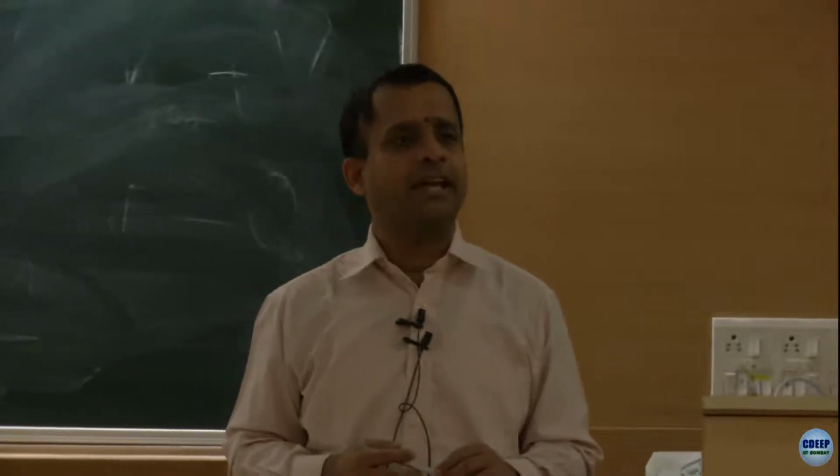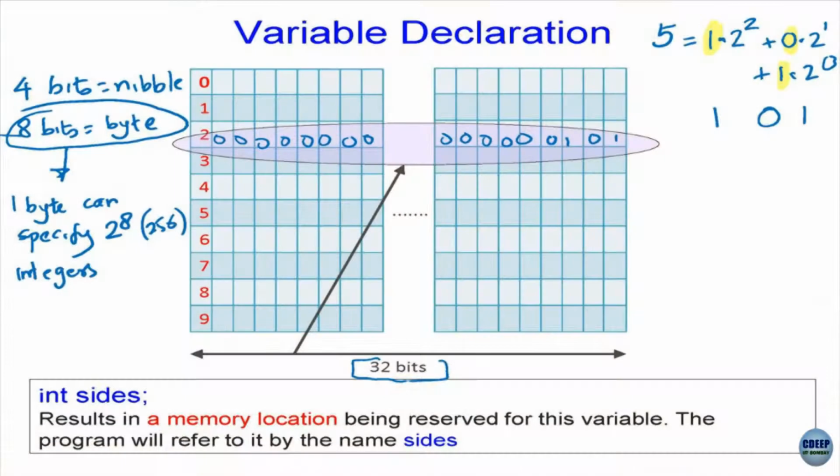How would I represent 5 in binary form? 5 equals, so the best way to think about it is 1 into 2 raised to 2 plus 0 into 2 raised to 1 plus 1 into 2 raised to 0. Okay, so what we have are these 3 bits, 1 0 1, right?